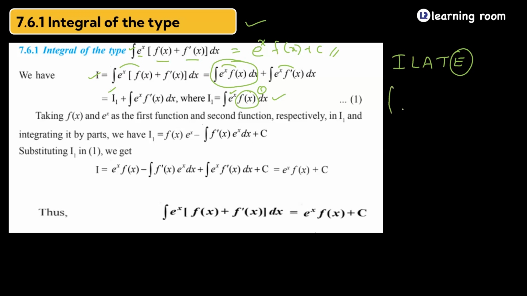Having said this, tell me what the integral of e power x into f of x dx is, where f of x is the first function and e power x is the second function. It is first function into the integral of the second function. What is the integral of e power x? e power x, minus the integral of the derivative of the first function, which is f dash of x, into the integral of e power x, again e power x dx. Does this make sense?